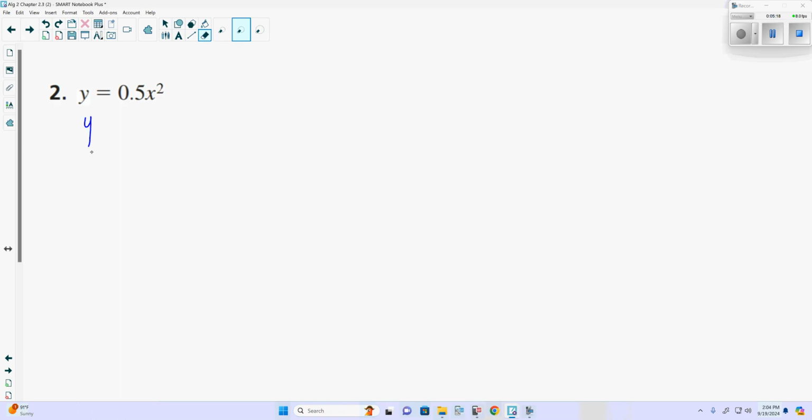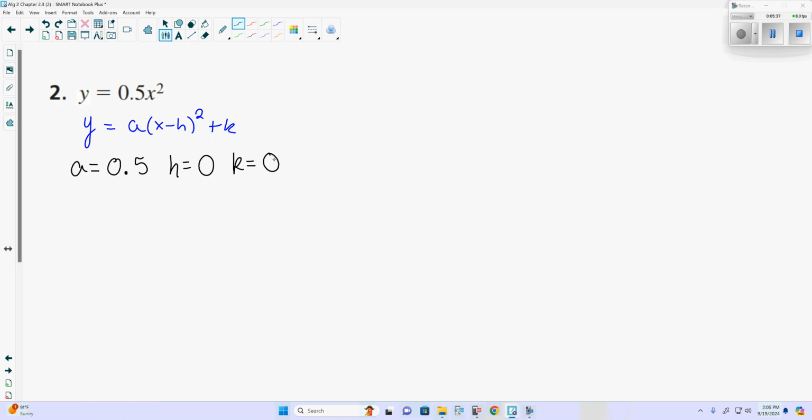Next is y equals 0.5x squared. Y equals a times x minus h squared plus k. A is 0.5. What's the value of h? 0. K is 0.